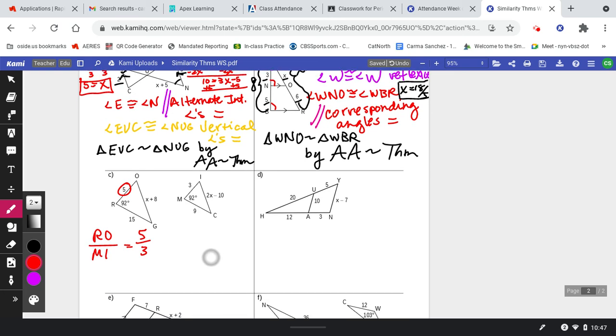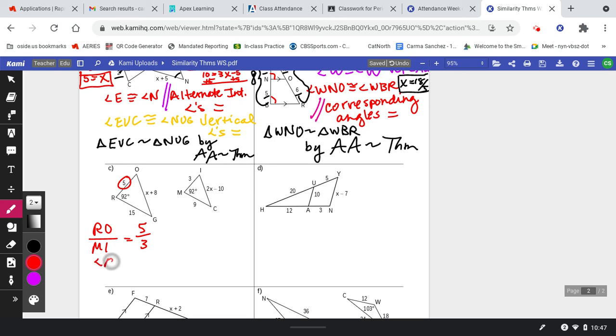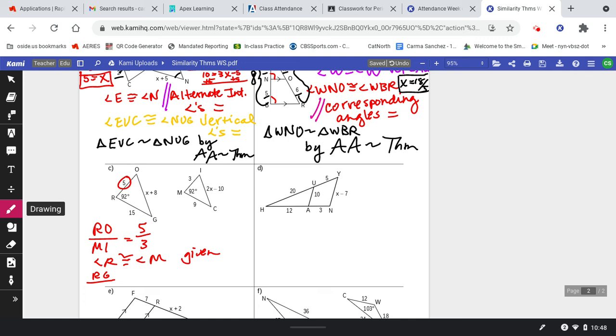And then I'm going to go angle R is congruent to angle M. It was given in the image. And then I'm going to say side RG compared to side MC is 15:9. Let's reduce this down. I'm sorry, reverse that. 3 goes into 15 5 times, and 3 goes into 9 3 times.